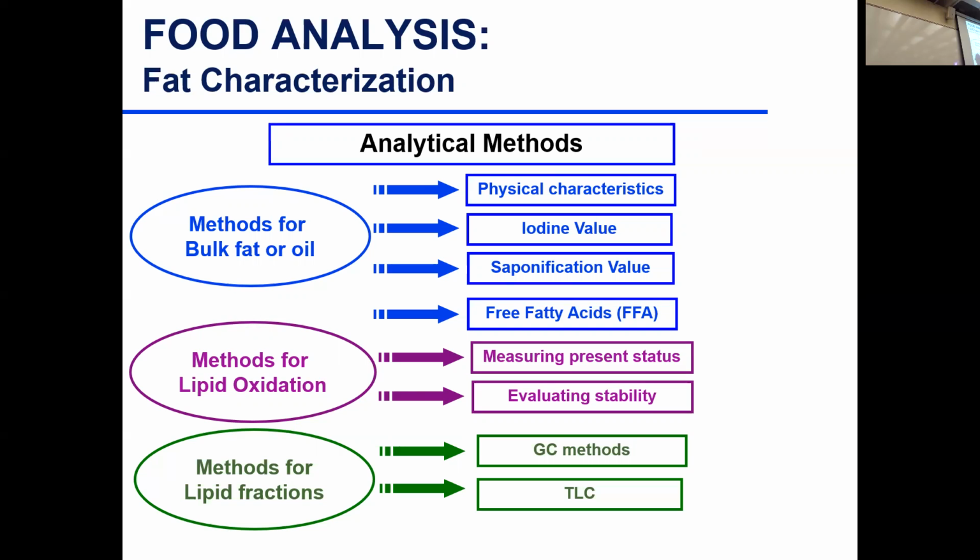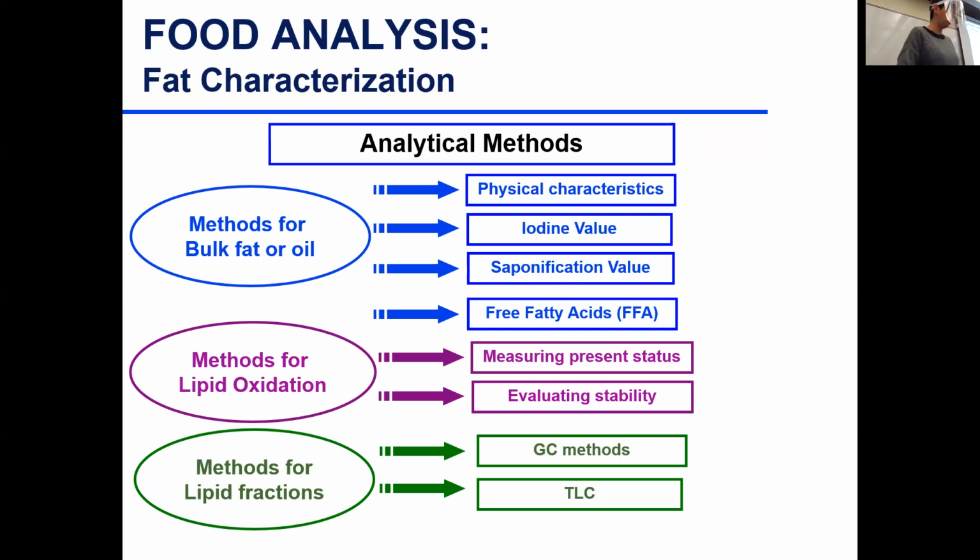Saponification value is an important characteristic that is unique for different types of oil, used for authentication and identification purposes, and it also gives us an idea of the molecular weight of the fatty acids in these oils.